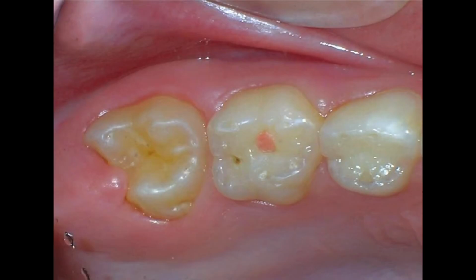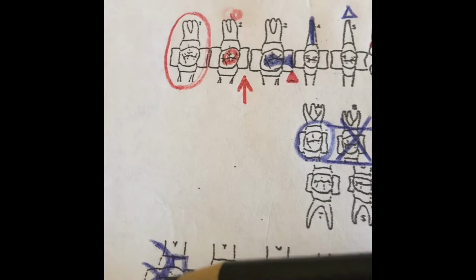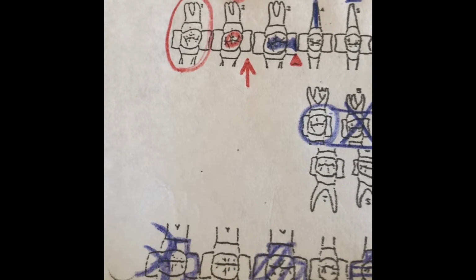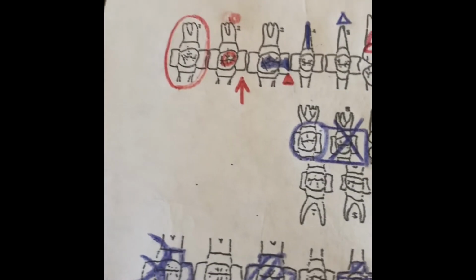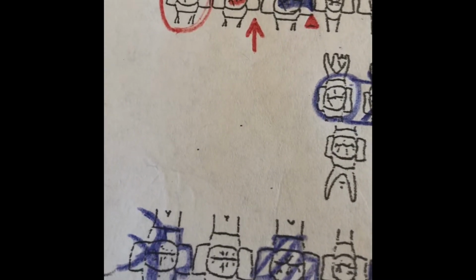All right, so what about a partially erupted tooth? Well, a partially erupted tooth is going to be outlined in blue, and then you're going to do a swish mark here, a swish mark here, and a swish mark here. 3 lines to show you where the gingiva or gums are protruding over the tooth.